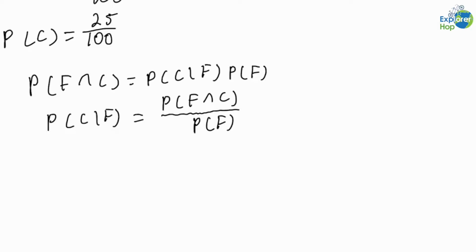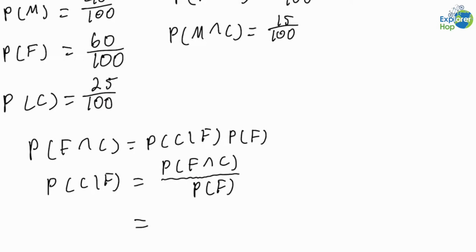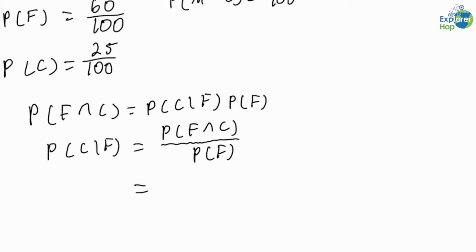And so this is just equal to, well, we know that the probability of the intersection of event F and C is equal to 10 over 100. So this is just equal to 10 over 100 divided by the probability of event F, which is 60 over 100.